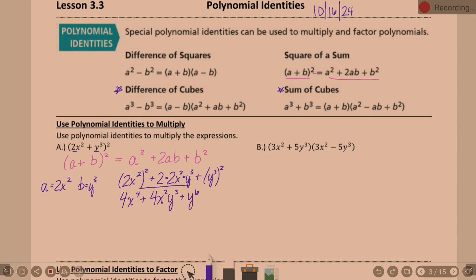How are you supposed to add it? There's a difference between this and this. If it's y to some power times y to some power, keep the base the same and add the exponents.